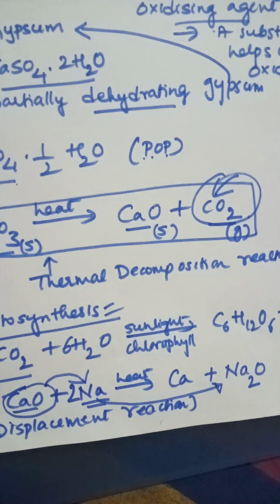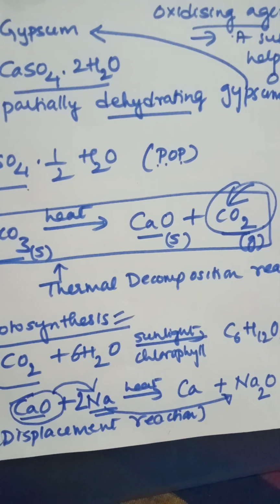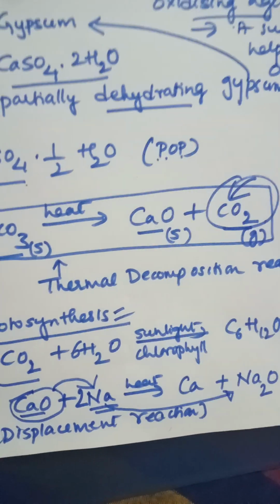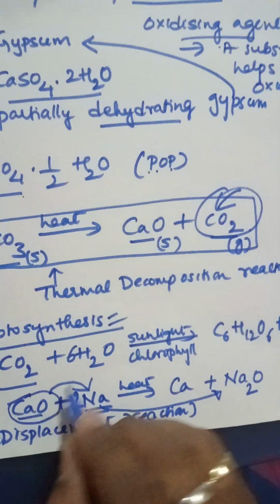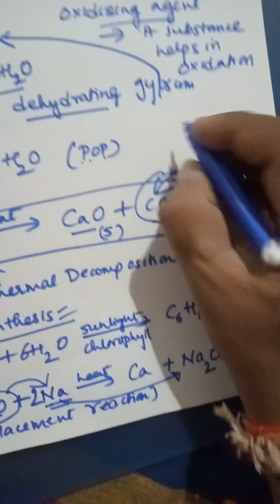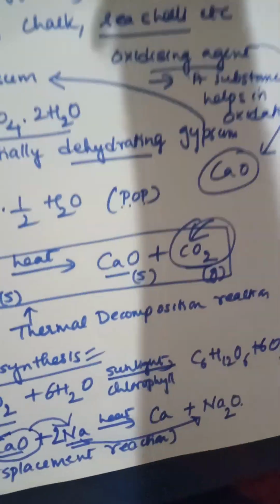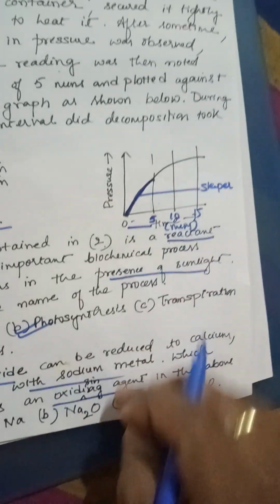Sodium is getting oxidized by taking oxygen provided by calcium oxide to form sodium oxide. Therefore, calcium oxide is the oxidizing agent in the reaction.